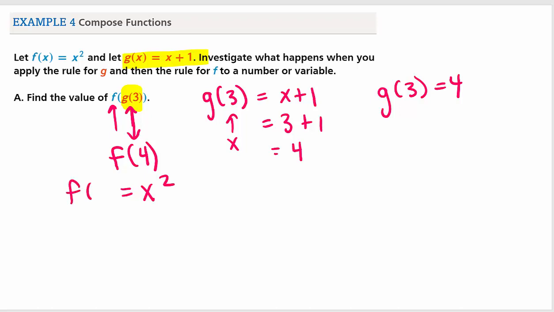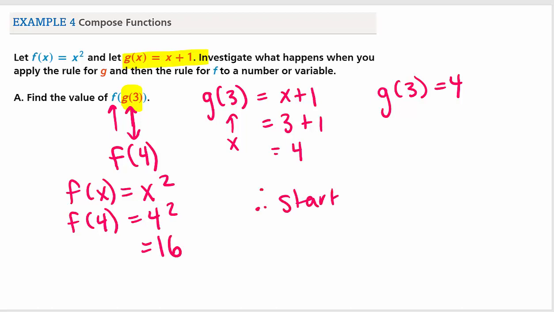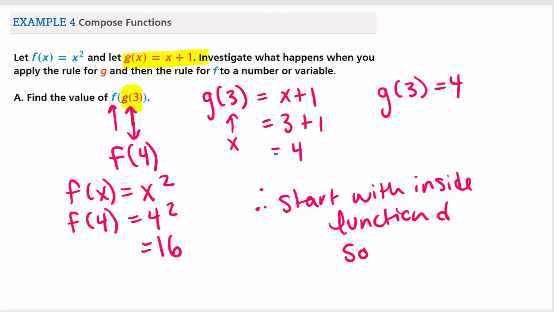Our f function is x squared. We replace the x with a 4, so we end up getting 16. The rule is start with the inside function and simplify out.